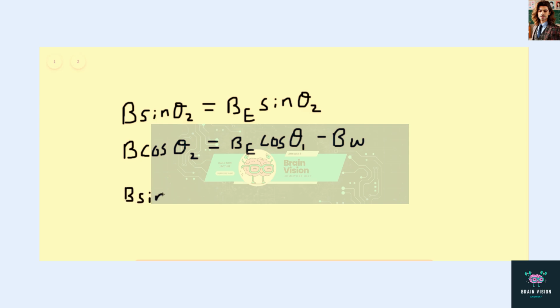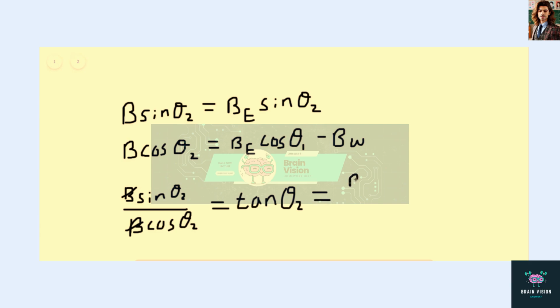Okay, so now we can divide the top and the bottom equation by one another to solve for B sub W. So B times the sine of the angle theta 2 divided by B times the cosine of the angle theta 2. Well, first we can just go ahead and simplify that, because there's a B on the top and bottom. So those B's cancel, and the sine of an angle divided by the cosine of the angle is equal to the tangent of the angle. So this is the tangent of the angle theta 2. Okay, but what was B sine theta 2?